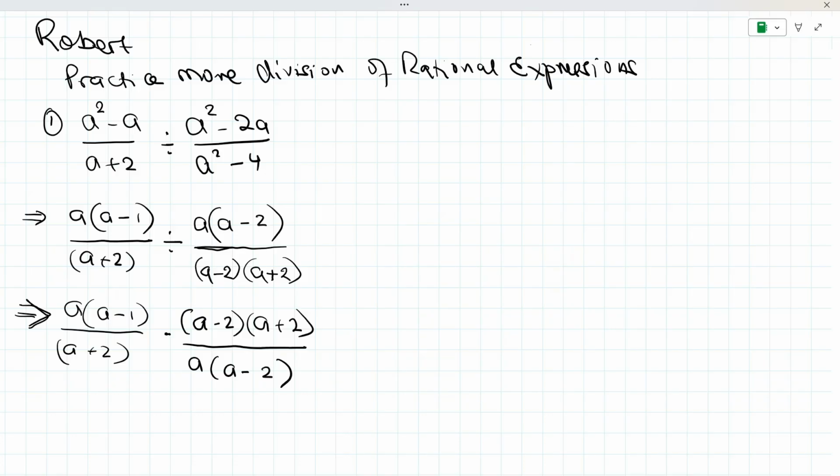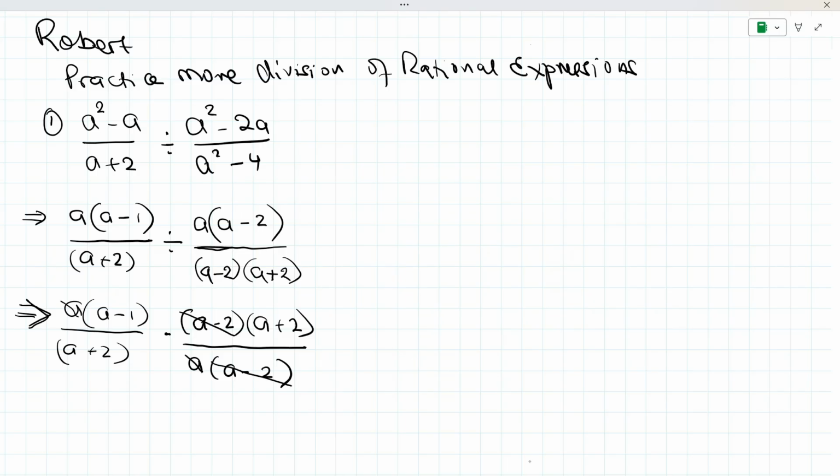And then the next thing we have to do is now to simplify our expression. So you can clearly see that a there can cancel with this a here. A minus 1 doesn't have any factors below that we can cancel with. But when we move to a minus 2, we have a minus 2 also here.